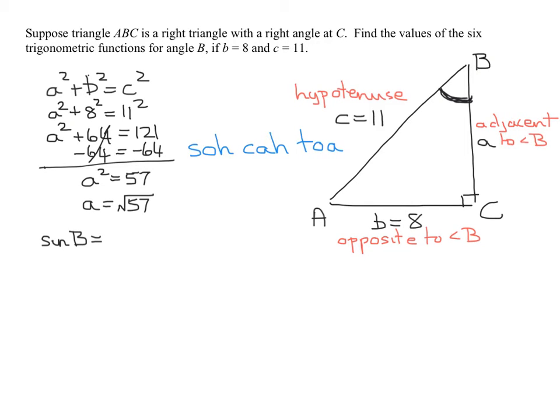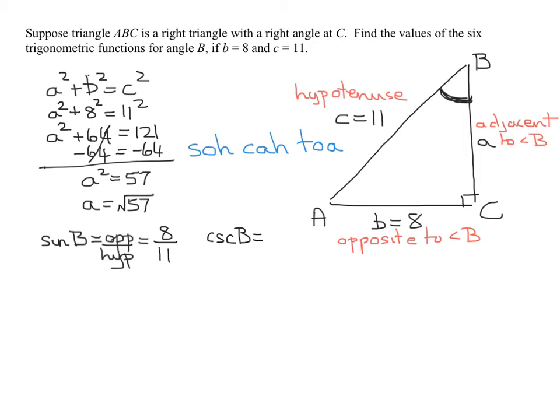So sine of B is opposite over the hypotenuse. And what is the side that's opposite angle B? It's little b. So it's going to be 8 over the hypotenuse, which is 11. So I found the sine of angle B. I can immediately then find its reciprocal function.